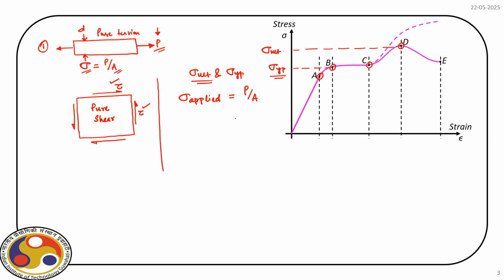Now, you can easily sense that the material which is having an ultimate strength marked by this point D should have sufficient strength to withstand the applied stress. That means, we must have a situation where sigma ultimate is more than sigma applied.